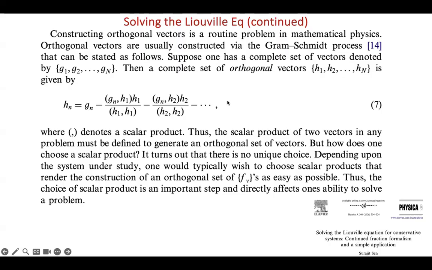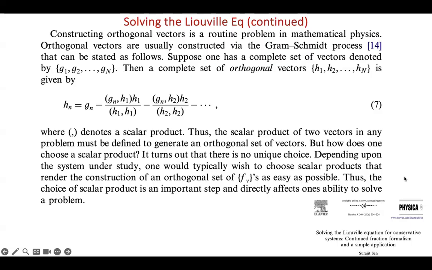The derivation is pretty straightforward, but it's in most math physics books. Thus, the scalar product of two vectors in any problem must be defined to generate an orthogonal set of vectors. But how does one choose a scalar product? That's the problem we were just addressing right now.